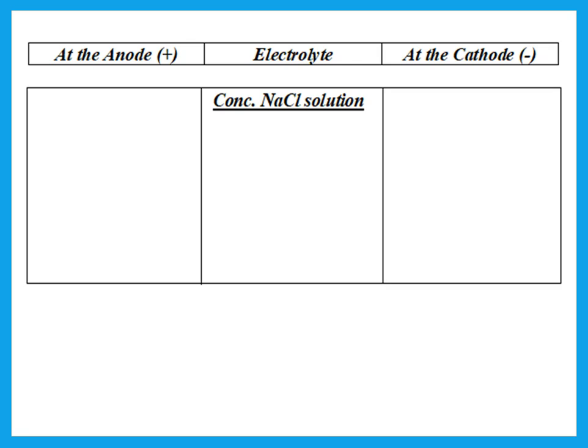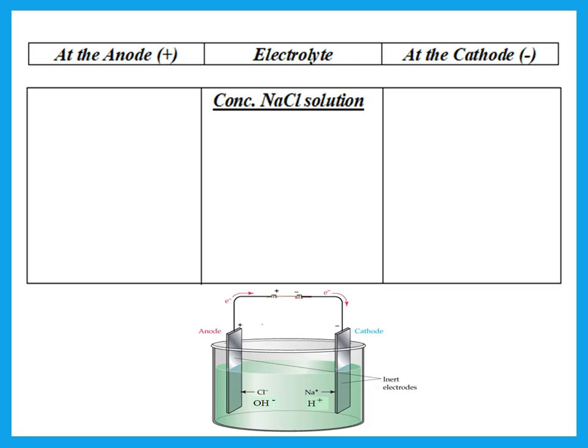What if I'm doing electrolysis of concentrated sodium chloride? Again, what are the ions that I have? I have Na+ and H+ and Cl- and OH-. So at the anode, again, which one is going to react? We said chloride and hydroxide, the one that is present in larger amount.